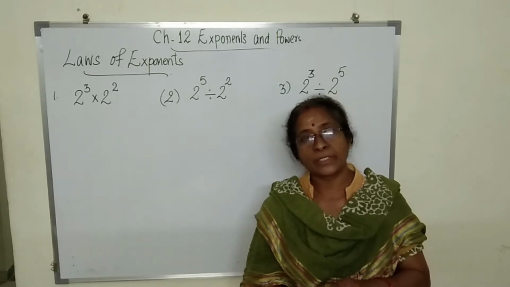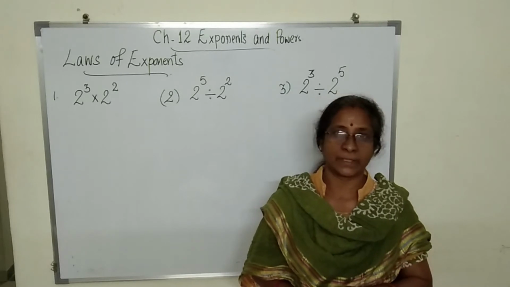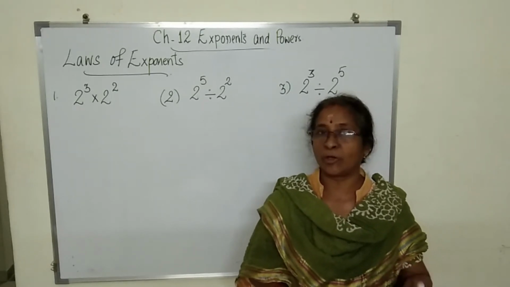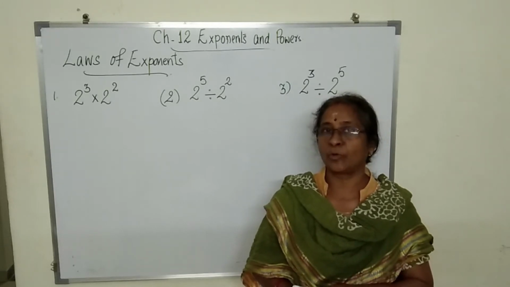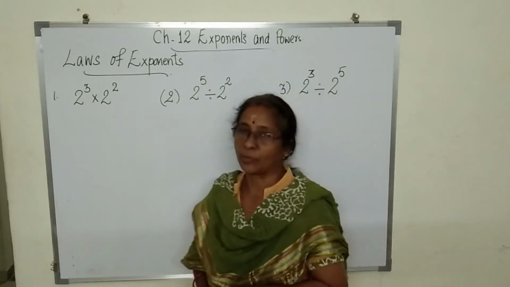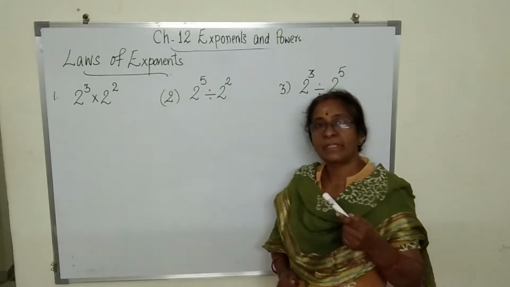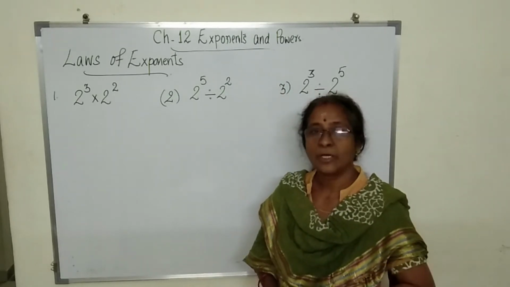Now for operations on exponential forms, certain rules are there. So let us learn the laws of exponents one by one. The first rule is the product rule. First we will take an example, work it out, and then derive the rule.